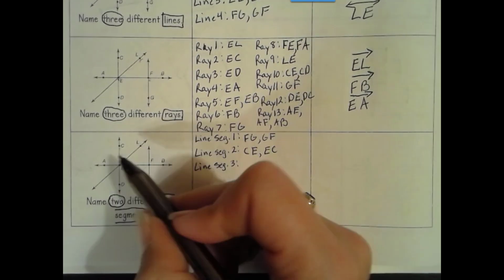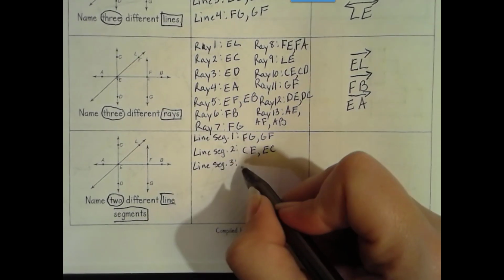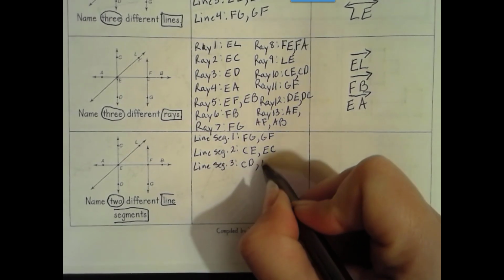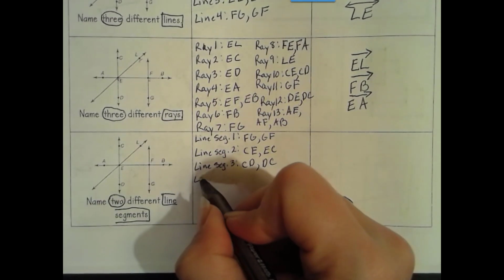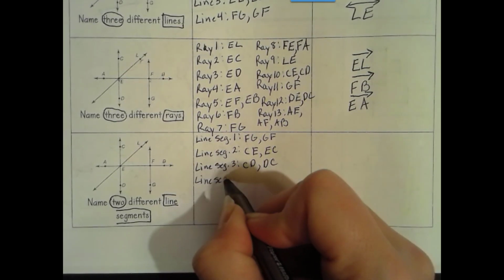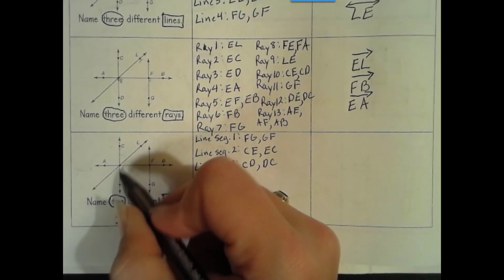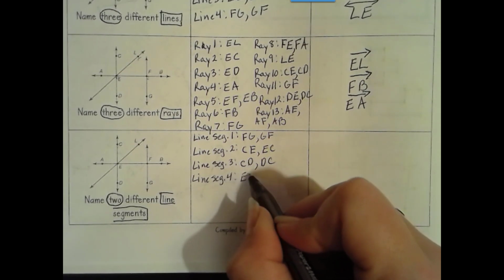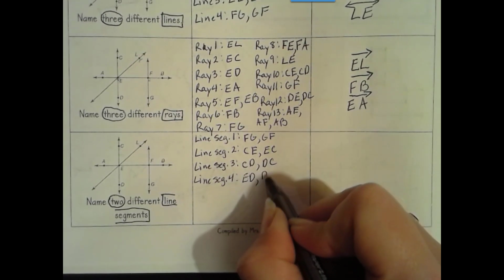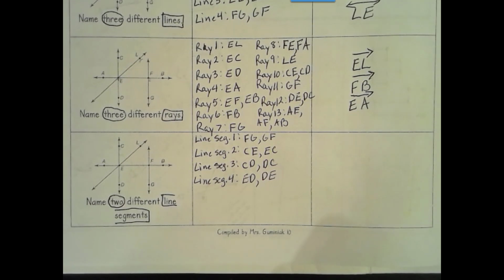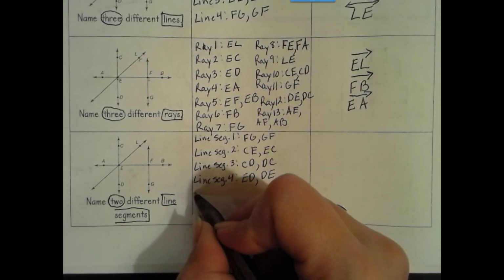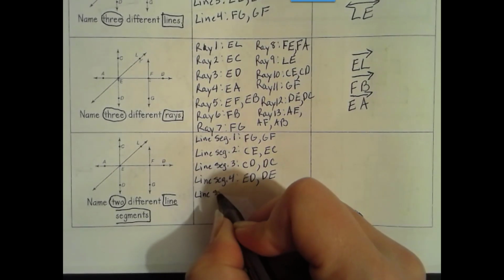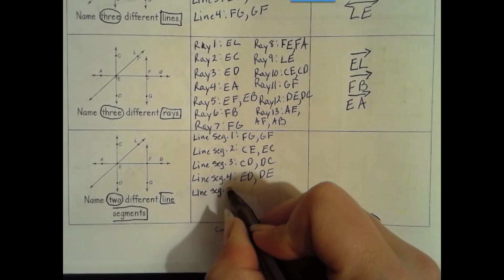But a different line segment could be CD. It's a much longer segment. Or I could be looking at ED or DE. They have to be the endpoints for your segment, whichever one you're looking at. We have lots on this diagram here.